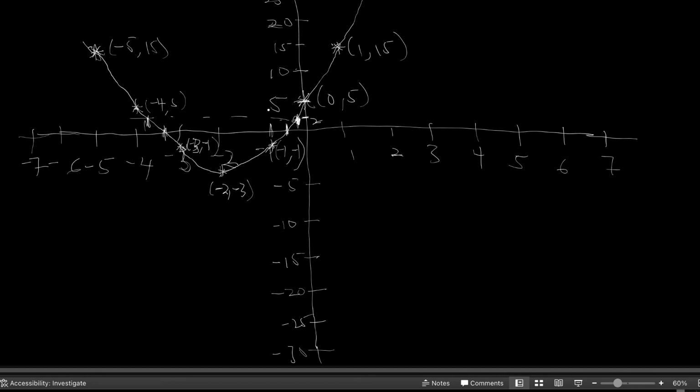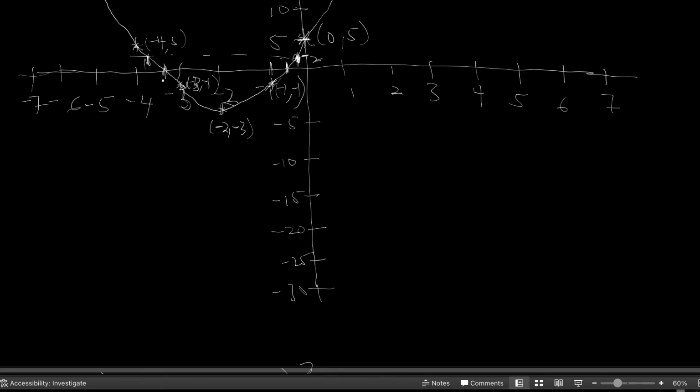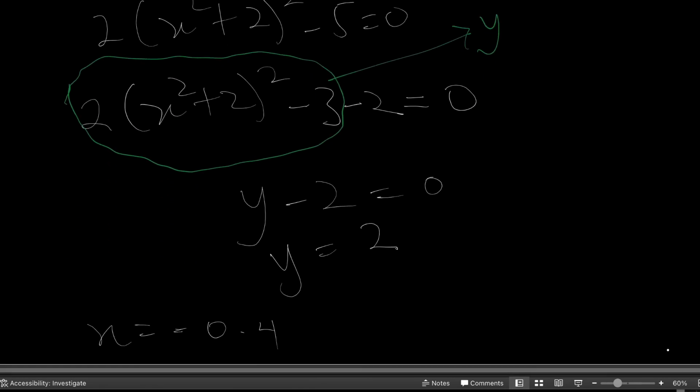So x should be equal to negative 0.4 at least, and then x should be negative 3.8 somewhere here. So these are the values of x when y is equal to 2.